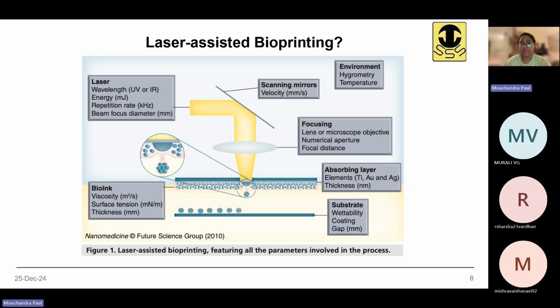But I'll go into more detail on the sequence of events involved in the bioprinting process. But if you have any questions so far, feel free to raise your doubts before I move forward with other topics.